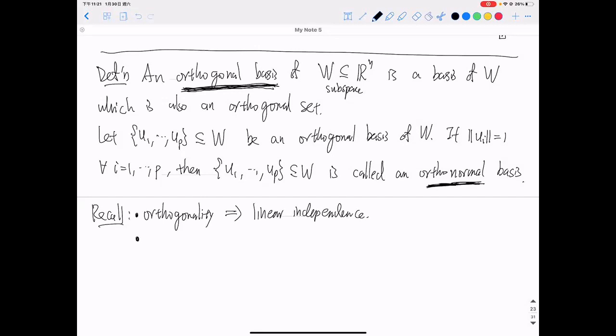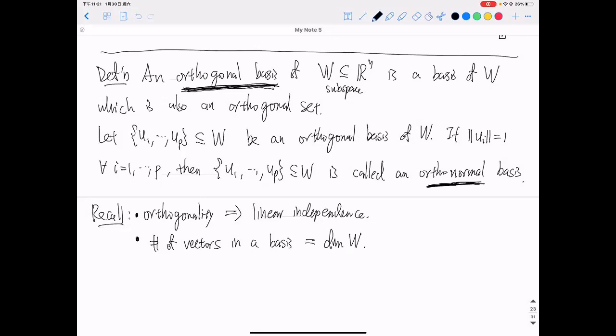Also, the number of vectors in a basis is equal to the same number for any basis. That's called the dimension, right?